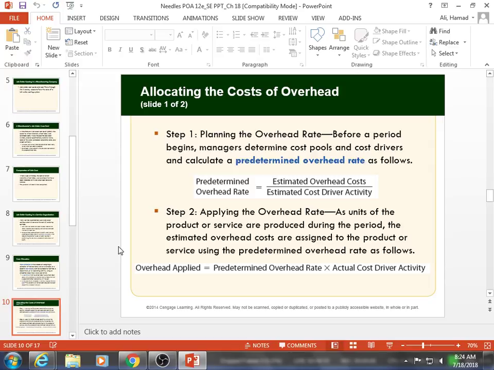It means you identify the largest or the biggest activity that's happening. For example, is your place of work labor intensive, meaning there's a lot of labor in it?